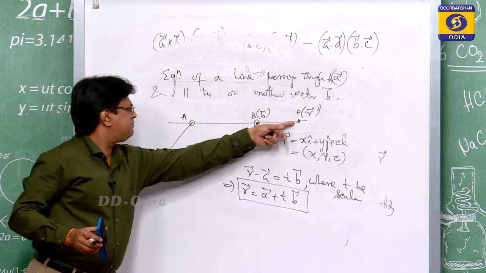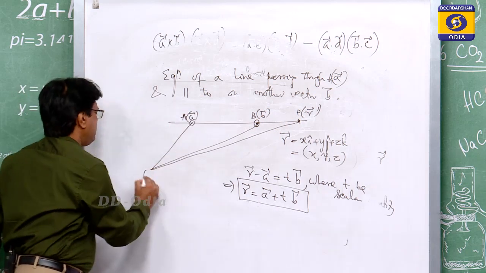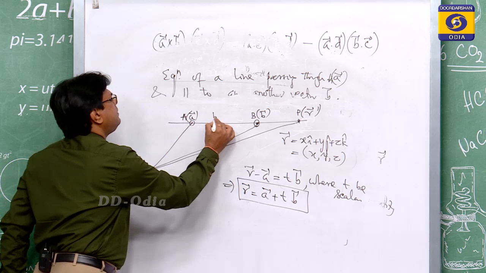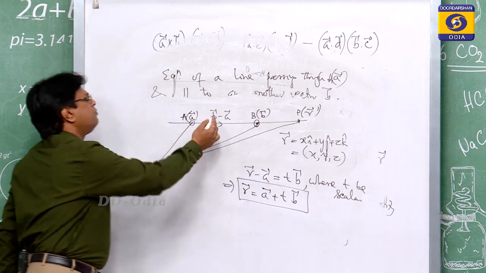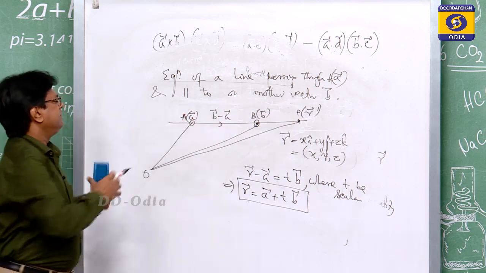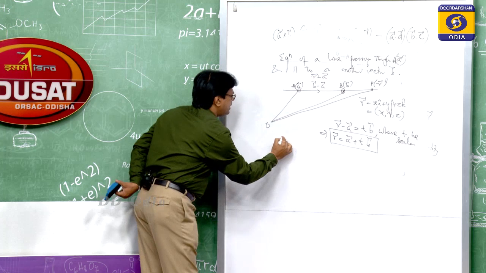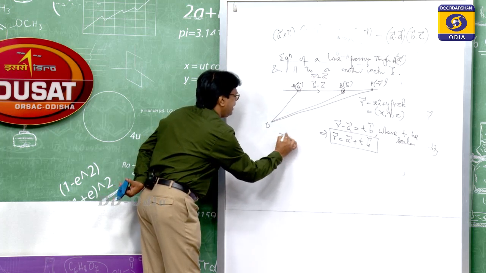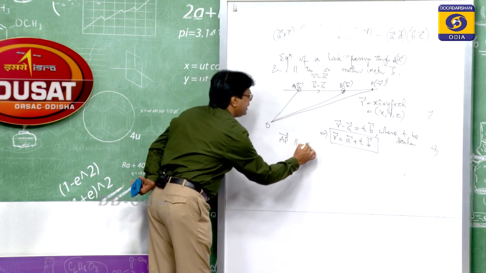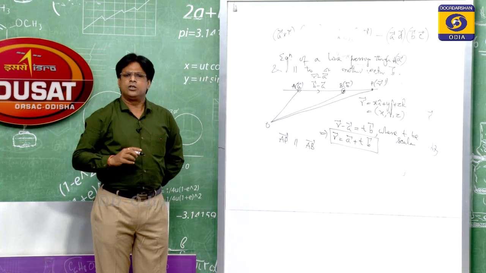So, this line passes through A and B. AB means the vector B minus A. So, B minus A is one vector and another vector is r minus A. Suppose we write that the AP vector is parallel to the AB vector, no doubt, because the 3 points are collinear.